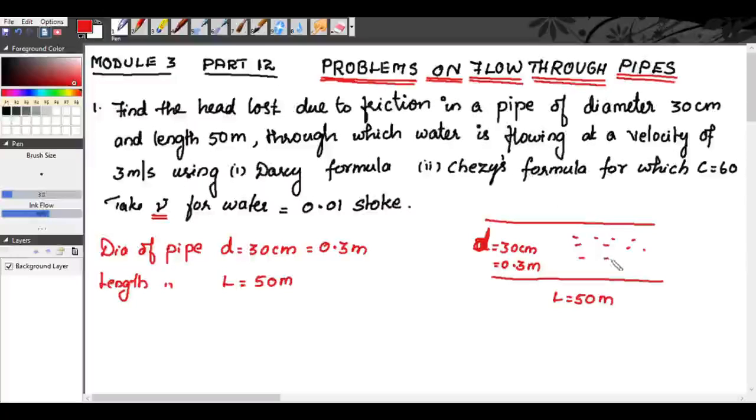The flowing liquid is water and the water is flowing with a velocity of 3 meter per second.